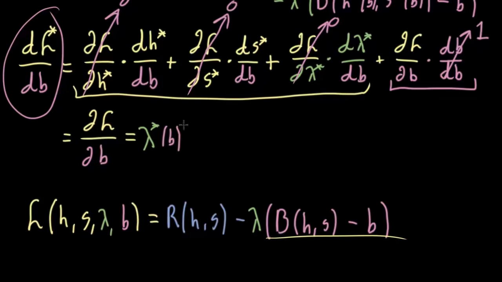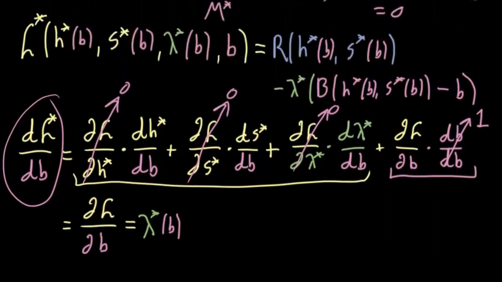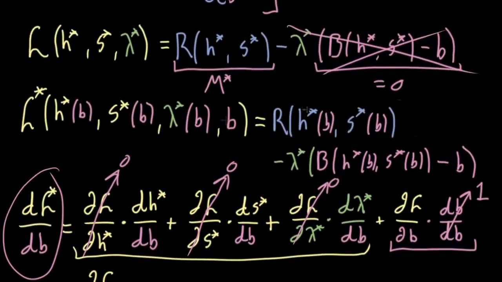If that feels a little notationally confusing, I'm right there with you. But the important thing to remember is that we just started considering b as a variable, and we were looking at the h star, s star, and lambda star as they depended on that variable. We made the observation that the Lagrangian evaluated at that critical point equals the revenue evaluated at that critical point. The rest of the stuff just cancels out.